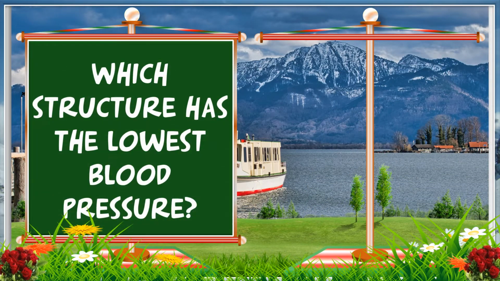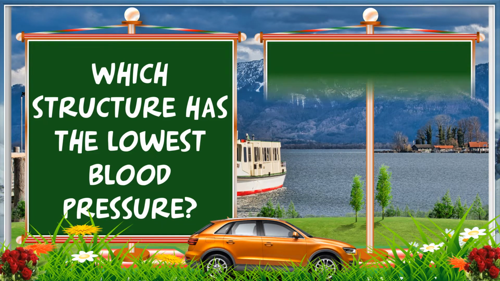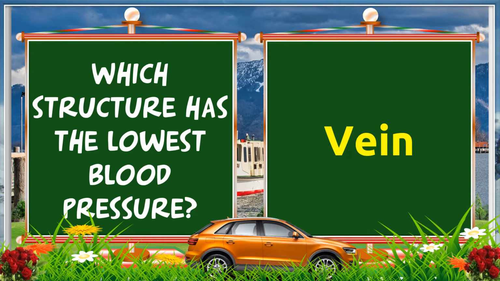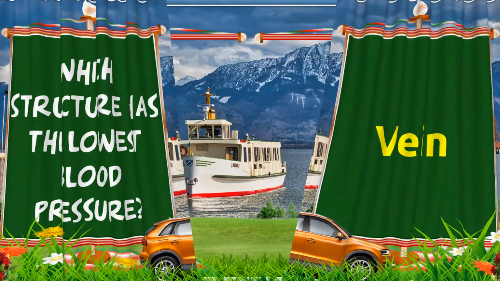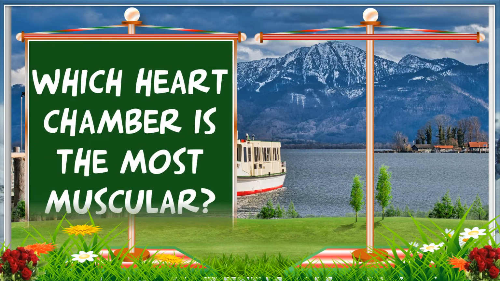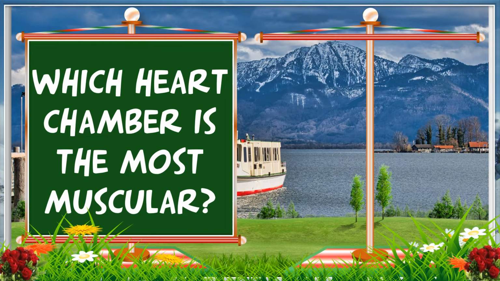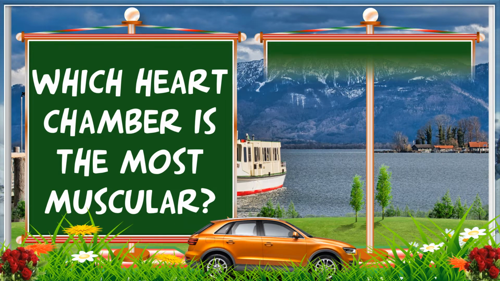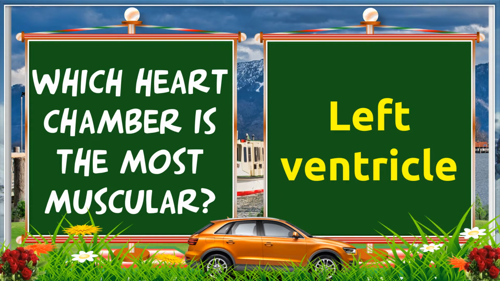Which structure has the lowest blood pressure? Vein. Which heart chamber is the most muscular? Left ventricle.